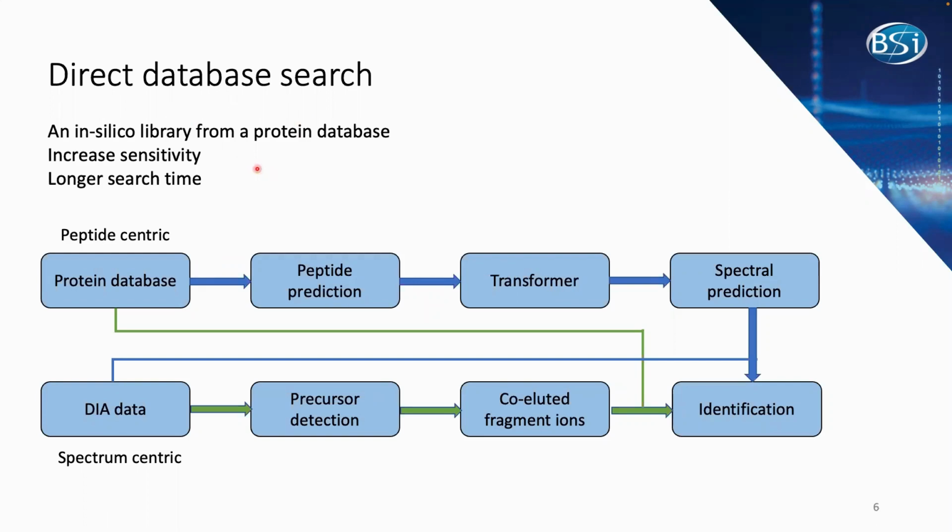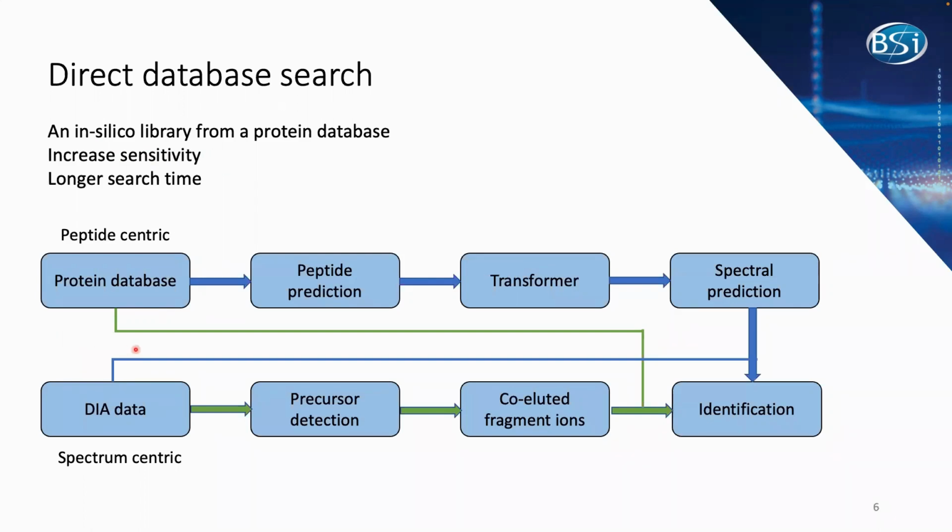In the direct database search approach, instead of using a library generated from experiments, an in silico library is created from a protein database through deep learning.